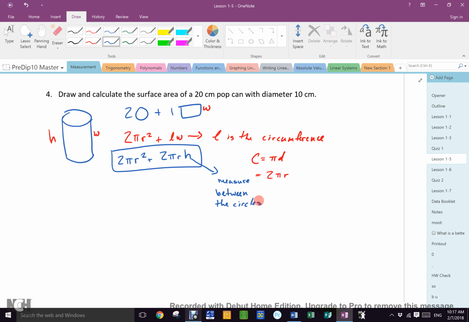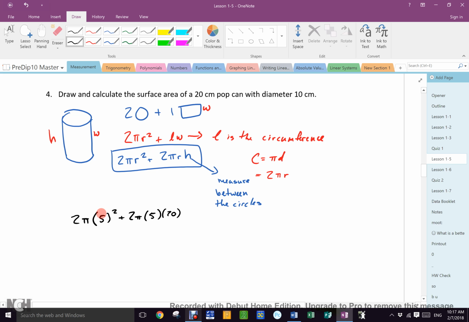Everybody with me? Okay, so now all we got to do is fill it in. 2 pi, what's my r? 5 squared plus 2 pi, what's my r? 5, and what's my h? 20. Now, back in the day, those pi's, you would have used a number there, right?